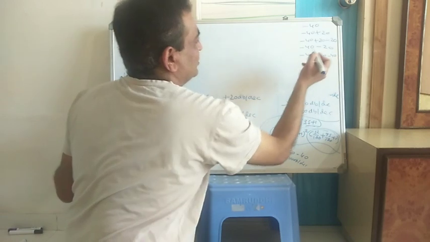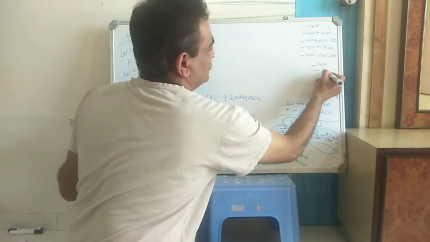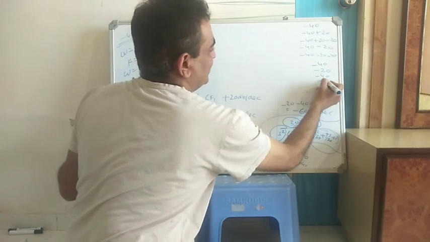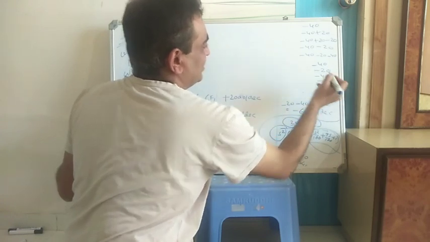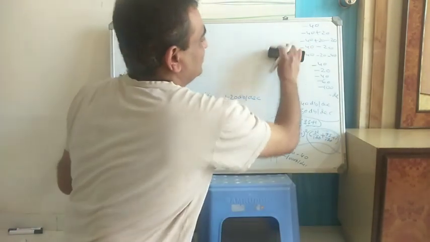So the slope is minus 40, minus 20, then minus 60 and minus 100. This was the case. If you look into the final slope contribution, it was something like this.